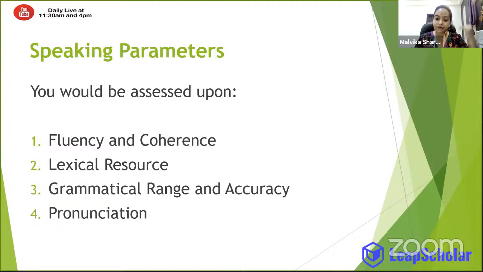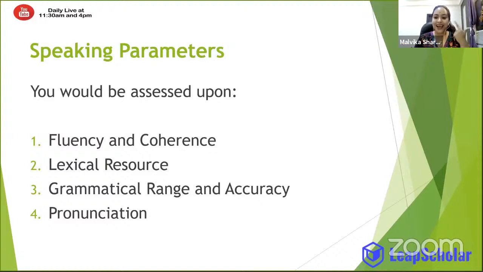Give the list like firstly, secondly, lastly, finally, all those things. So, coherence is required because I want you all to have a connected speech. Okay, it shouldn't be like at one point of time you're talking about your mom, the other point of time you're talking about your dog. Don't do that. Only if you can relate these two, good.